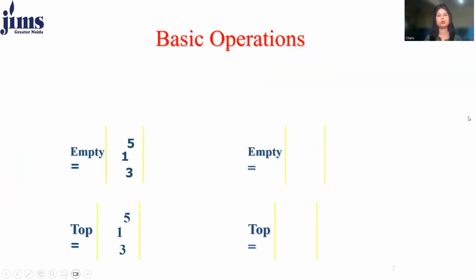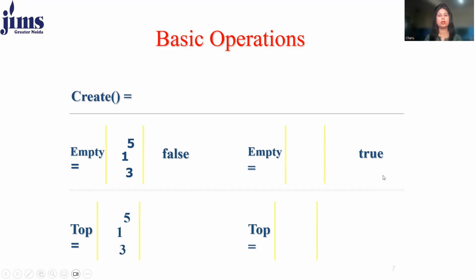So let's talk about the basic operations in the stack. For example, suppose we have a stack with some elements like 5, 1, and 3. If we call isEmpty on it, it will return false, because empty means the stack has 0 elements.